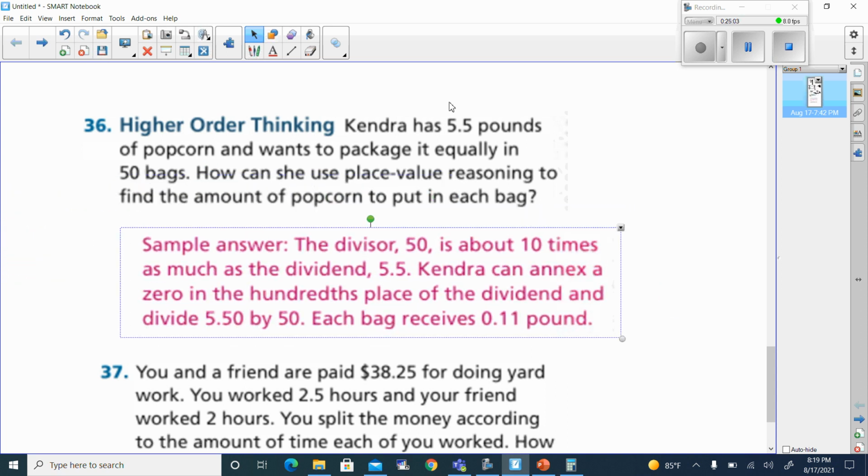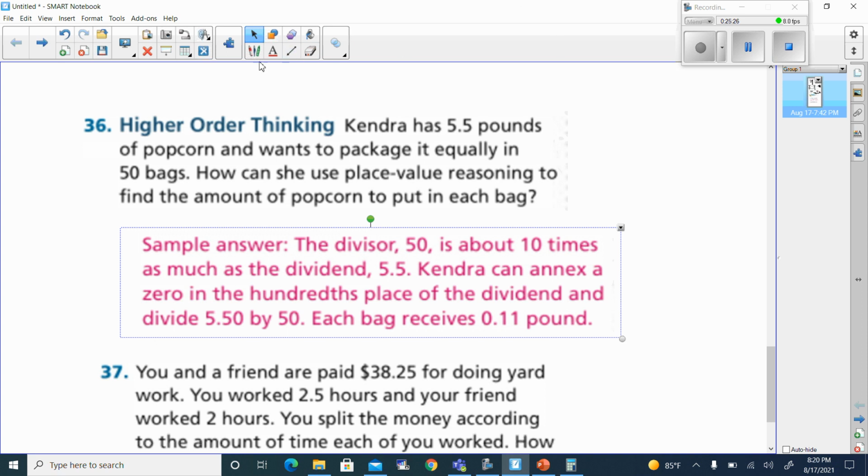The divisor 50 is about 10 times the amount as the dividend 5.5. Kendra can annex a 0 in the 100th place of the dividend and divide 5.5 by 50. Each bag receives 0.11 pounds. Okay, and what does all that mean?